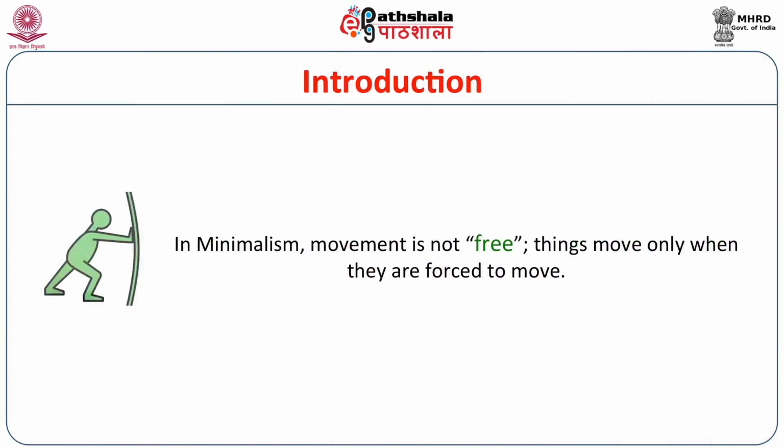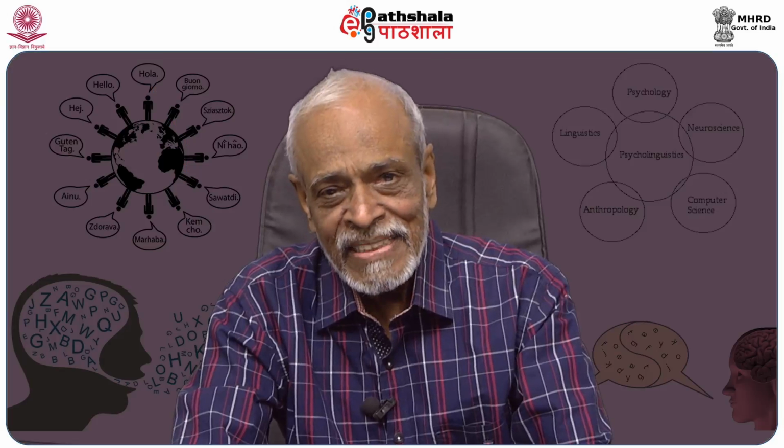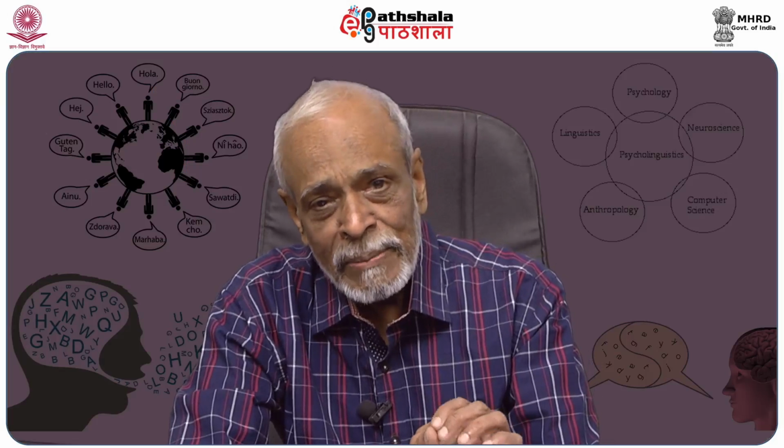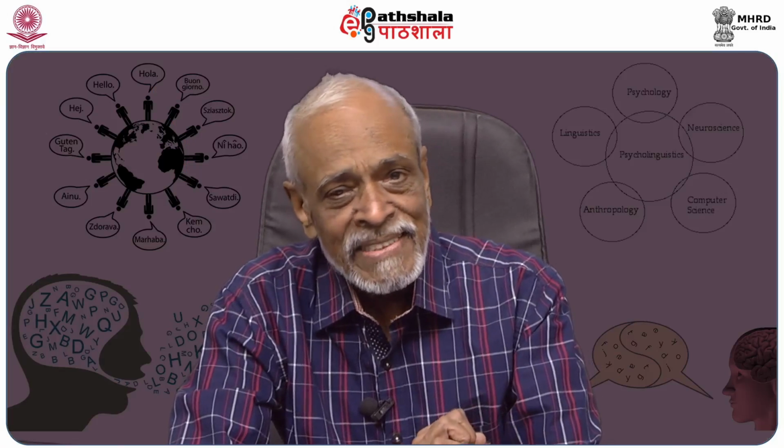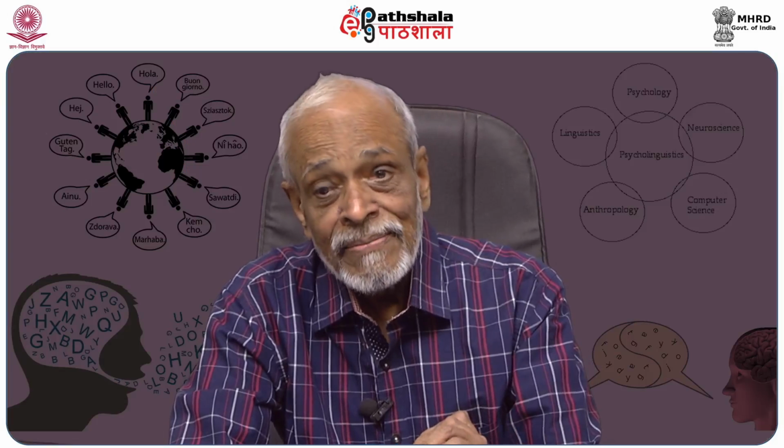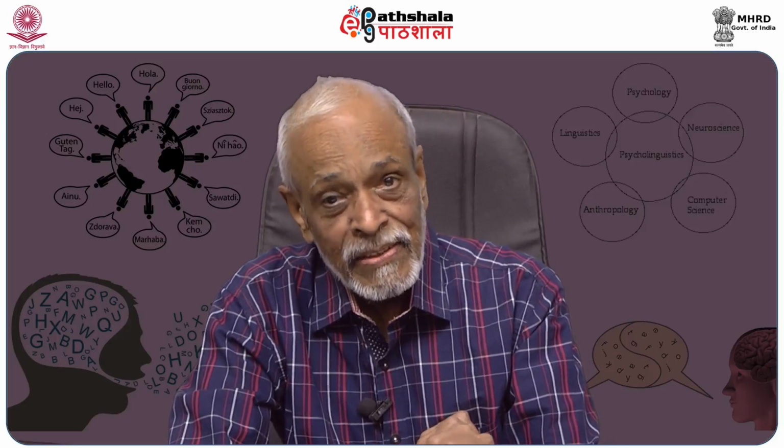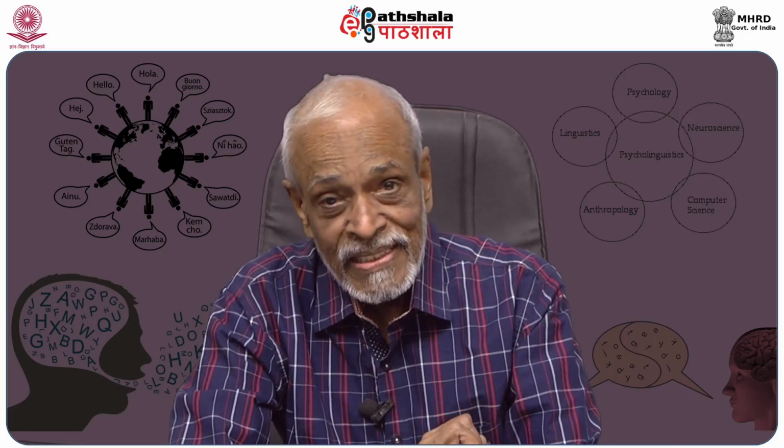An important difference between the minimalist claims about movement and that of GB is that in minimalism it is assumed that movement is not free. You remember move alpha, which said that move anything, anywhere, from anywhere to anywhere.